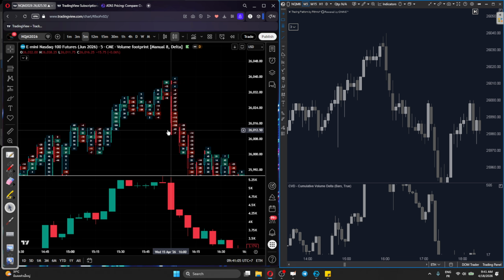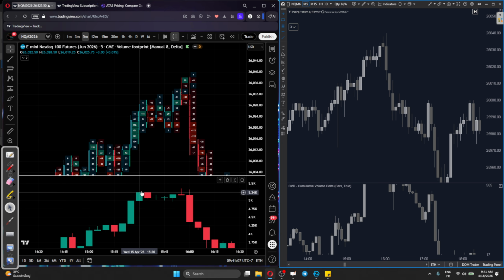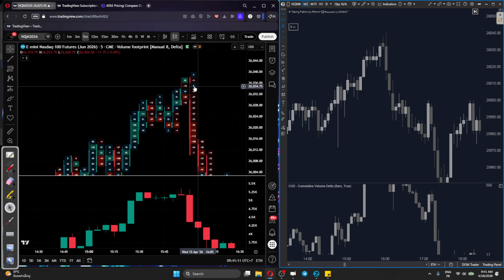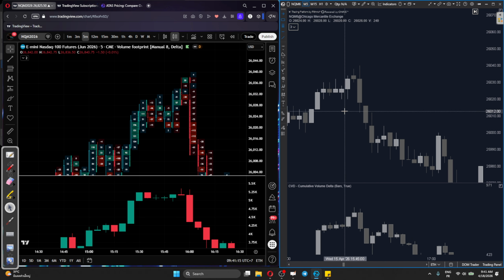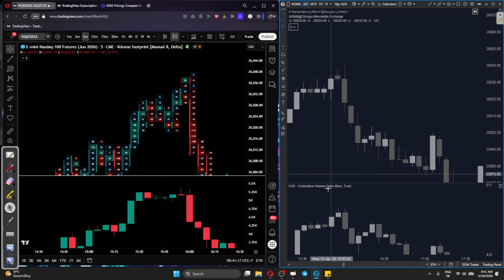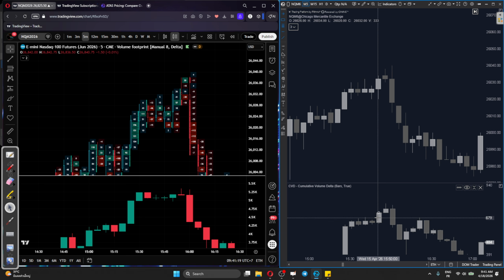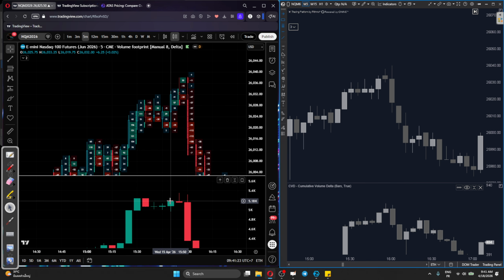Let's look at this high and then we'll be done with CVD. So here we have equal highs on the TradingView CVD, higher highs on price. And here, what do we have? Higher high on price and higher high on CVD. So there is a bit more of a divergence. This one would show you exhaustion here, essentially.